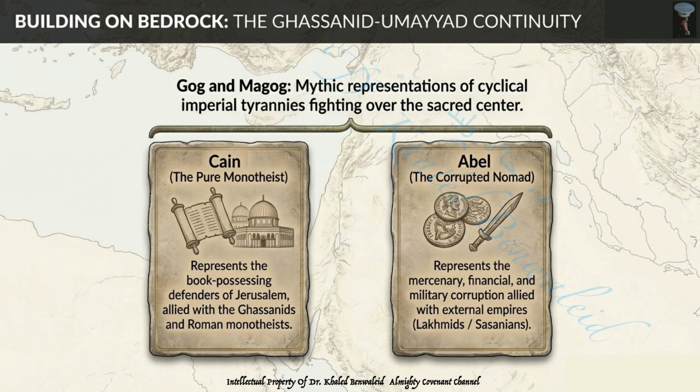Cain, the wanderer, represents the corrupted militarized nomad. Whoa. And crucially, Cain is the archetype of the local force that forms alliances with massive external powers, just as the Arab Lakhmids allied with the Sasanian Persians to attack his brother and seize the Holy Land by force. Dr. Walid argues that the entire history of the region is the story of Cain constantly reinventing himself to usurp Abel's spiritual inheritance.